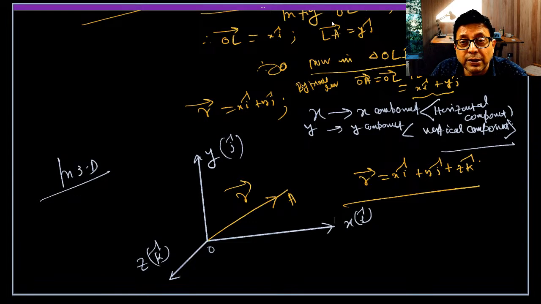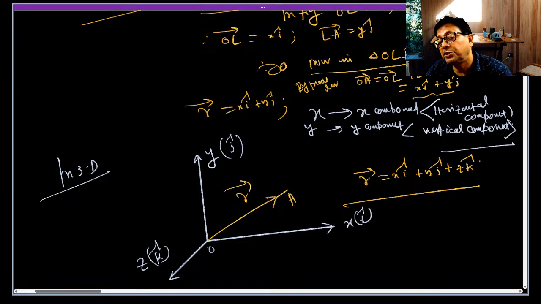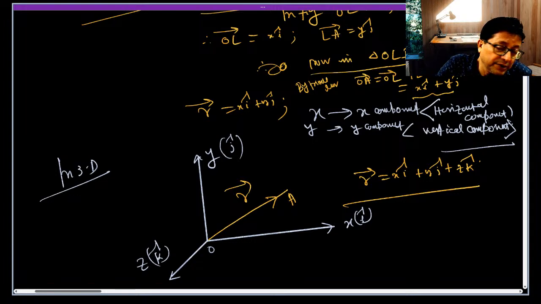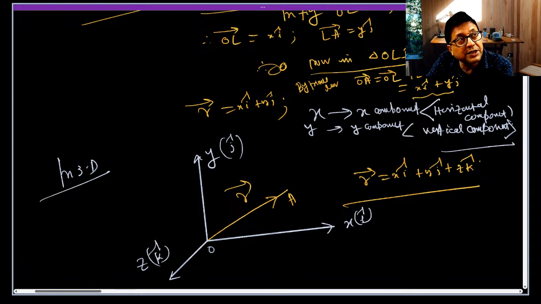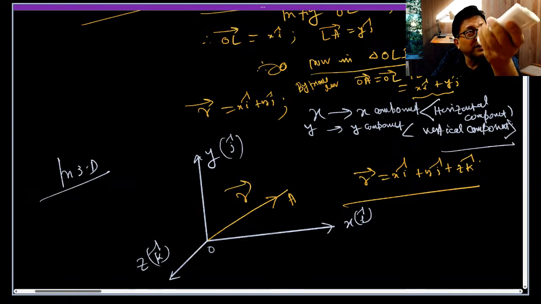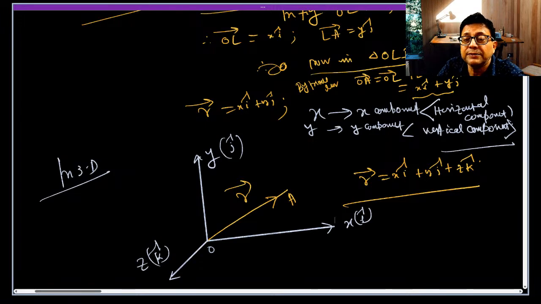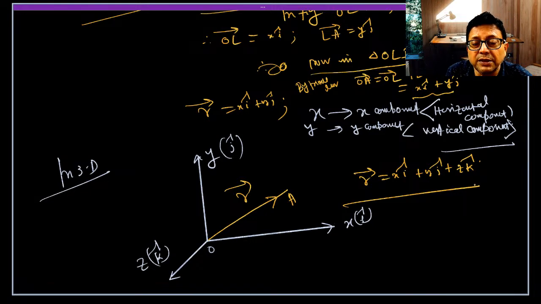Hope all of you have done 3D geometry in class 11, because you are mathematics students. 3D geometry was there in the class 11 mathematics syllabus, and I know all of you have done it. So in 3D, R is xi, yj, zk. But what is x, what is y and what is z? This you need to understand.